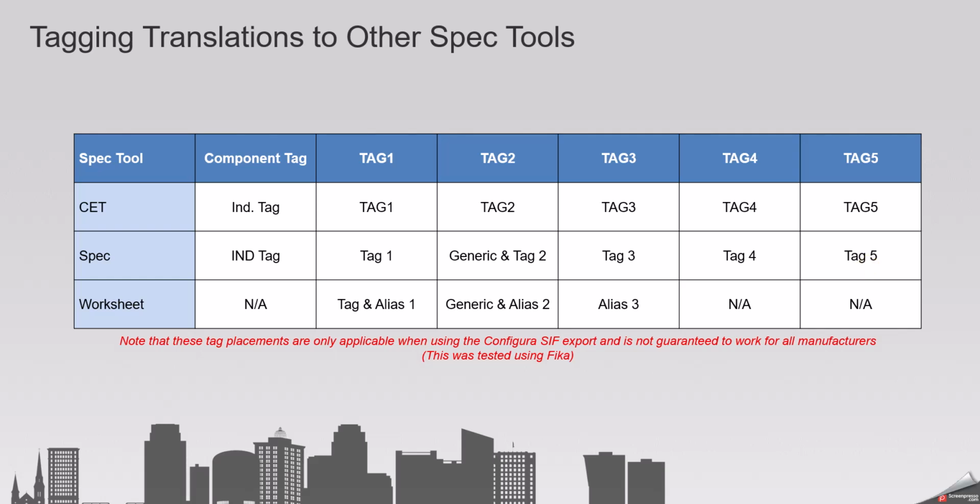So keep those in mind, that you may not want to use them for really important stuff that you need if you use Worksheet. So keep it to those tag 1 through tag 3. And if you ever need to move the information from a different column to another, keep that in mind too, because that can really help you. But we'll talk a little bit more about this as we get into some of the best practices.